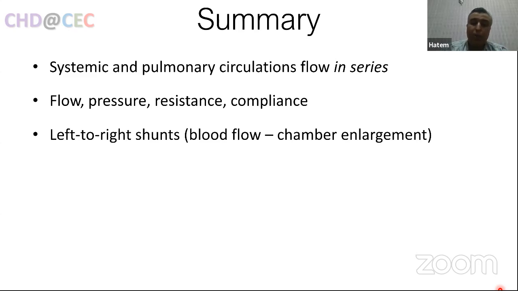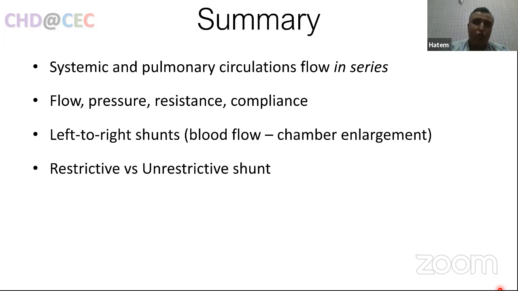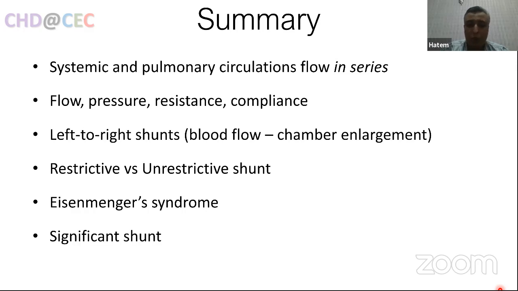Talked about restrictive versus unrestricted shunting, and that unrestricted shunting is a large shunt that equalizes pressures. Talked about Eisenmenger syndrome and how to identify that and stress that we should prevent it happening. And talked about what constitutes a significant left to right shunt.